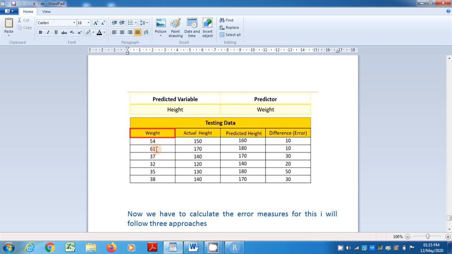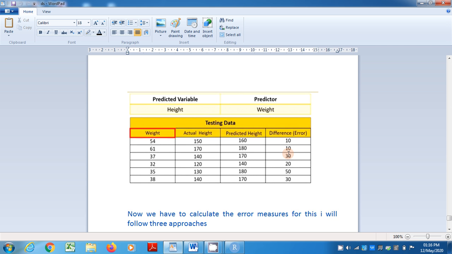This is a single input, right? All persons having weight 61 are not necessarily 170 centimeters in height. So the difference is nothing but an error, predicted values minus actual values, or actual values minus predicted values. The difference between actual and predicted is called an error.